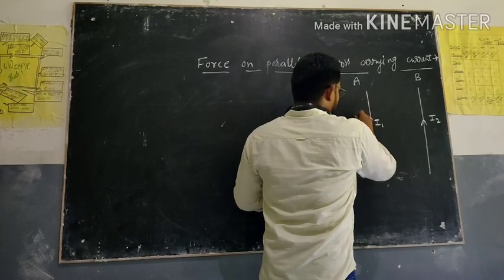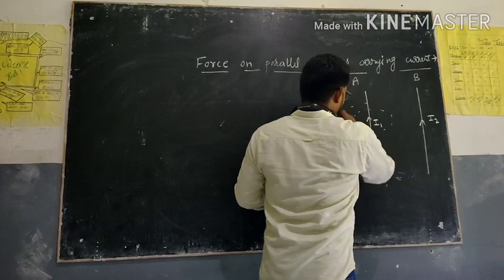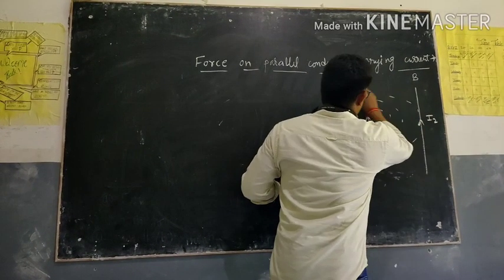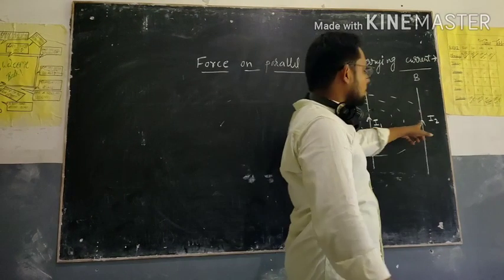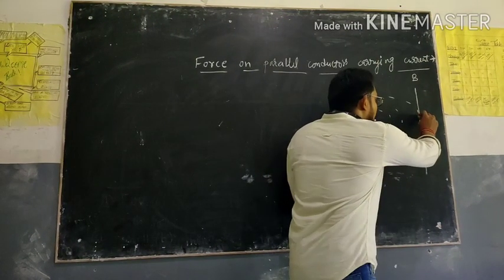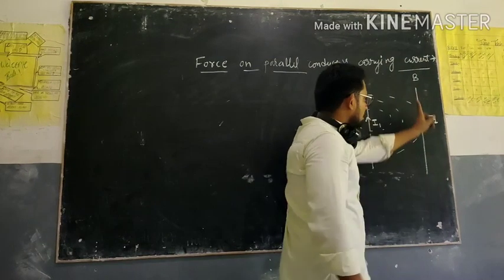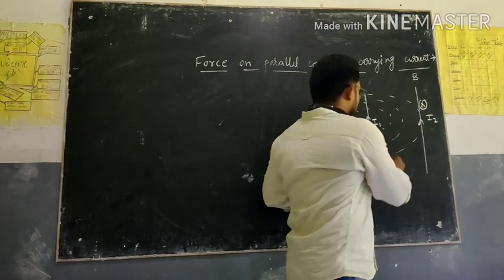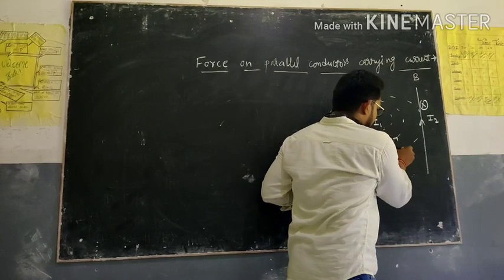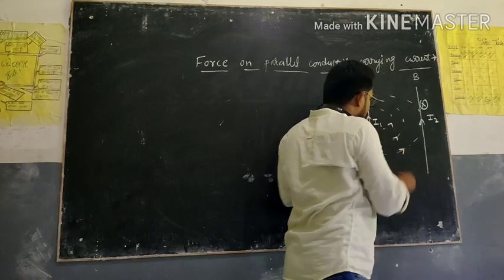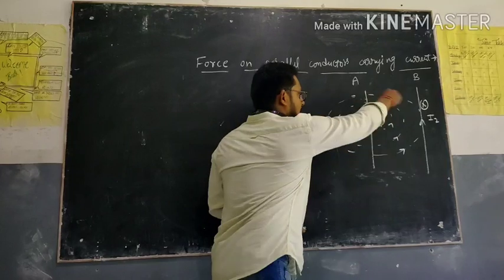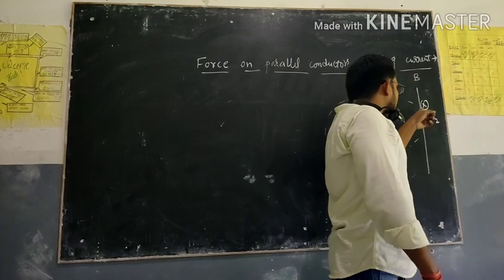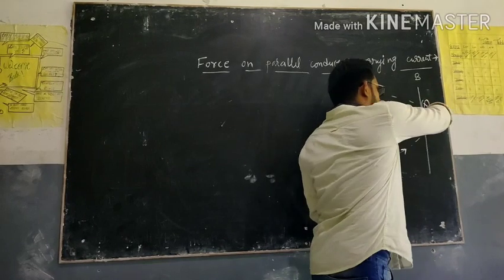We can draw it as, so here, my dear students, the direction of magnetic field to this conductor is inwards. See, this is the direction of magnetic field in the form of concentric circles. So for this conductor, here the direction of magnetic field is inwards, like this.